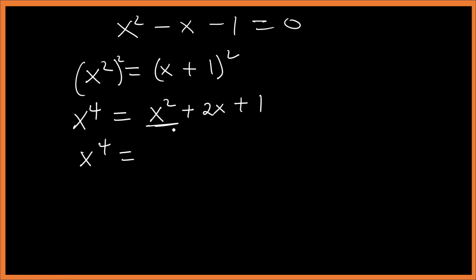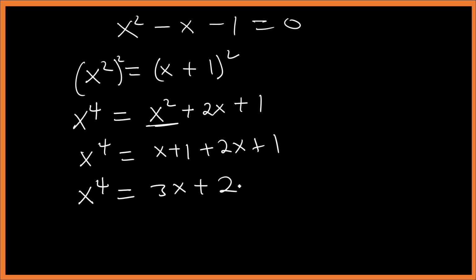So in place of x squared, I'll put x plus 1, plus 2x plus 1. So we have x to the power 4 equals 3x plus 2.